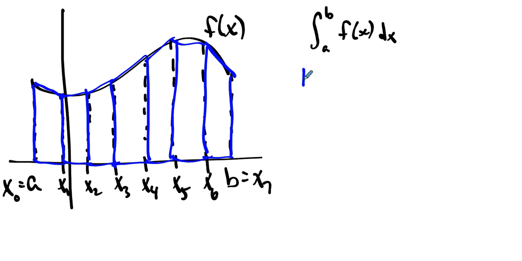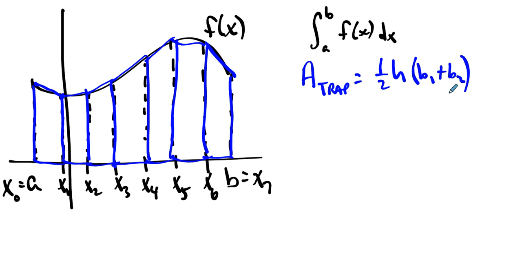Well, what do we know? We know that the area of a trapezoid is half the height times the sum of the bases. And so in this case, the integral is approximately, well, this trapezoid right here: half the height, this is the height of the trapezoid. The height of the trapezoid is half the change in x.